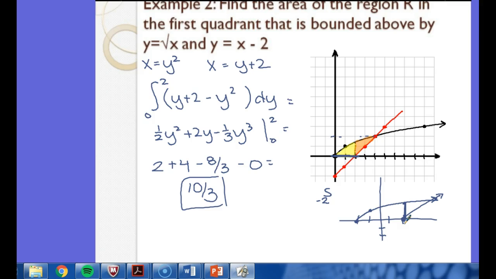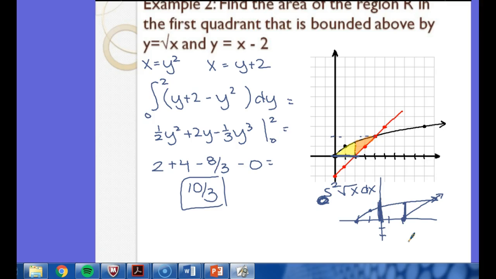But let's say you still had this as your bound. This area here would be from 0, and let's say they still intersected at 2. It would only be the square root function. There would be no top minus bottom, because your graph or your calculator automatically bounds the x-axis as the base.